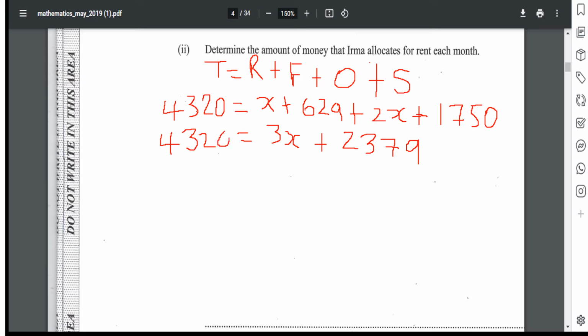We pull a different marker to show that we'll move the $2,379 over the equal sign.